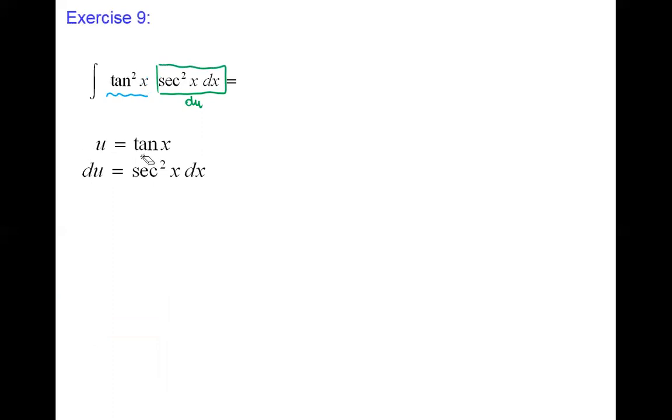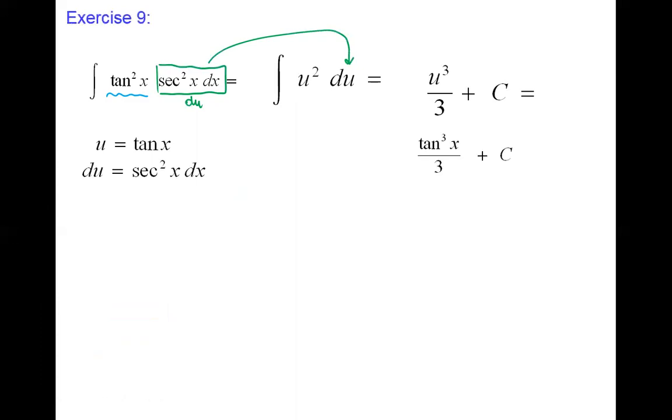Tangent of x is u squared, and this is my du. Okay, done. Integral of u squared, everybody knows, is u cubed over 3, and substituting back, tangent of x cubed over 3.